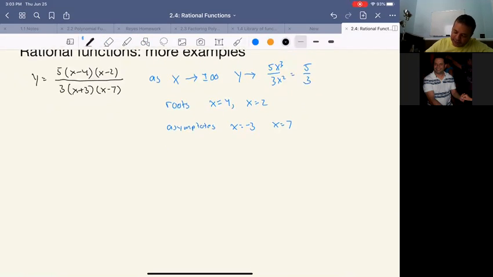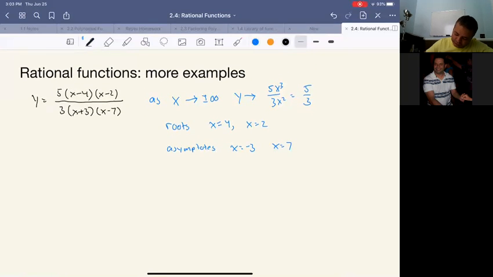So our sign chart is going to have negative 3 first, then 2, then 4, then 7.